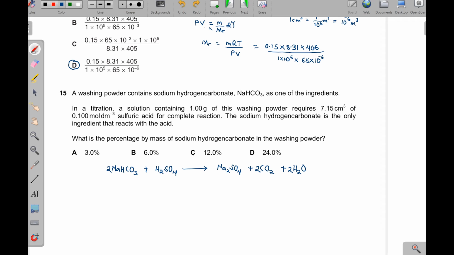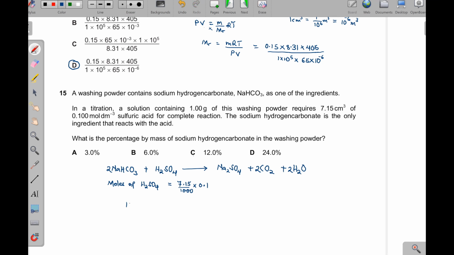Now, moles of sulfuric acid. This one is going to be 7.15 divided by 1000, then times the moles we are having here, 0.1. But how you get it actually is just this statement here.